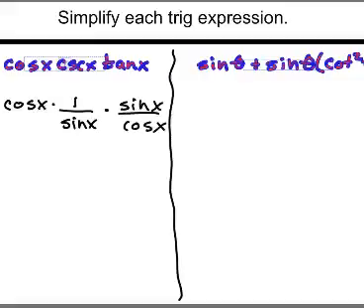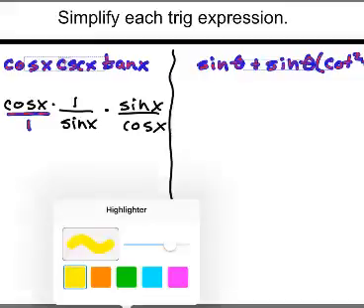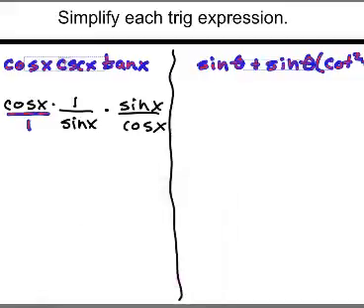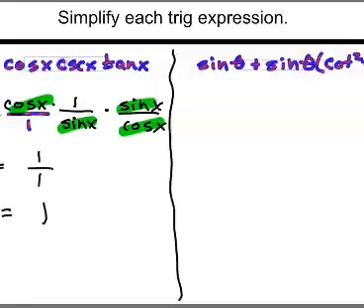So I'm just going to see what happens there. I'm going to put this over 1, and I'm going to cross off anything that I can. So I see cos over cos crosses off, sine over sine crosses off, and what do you know? I'm left with 1 over 1, which is 1. I don't think we can get much simpler than that.